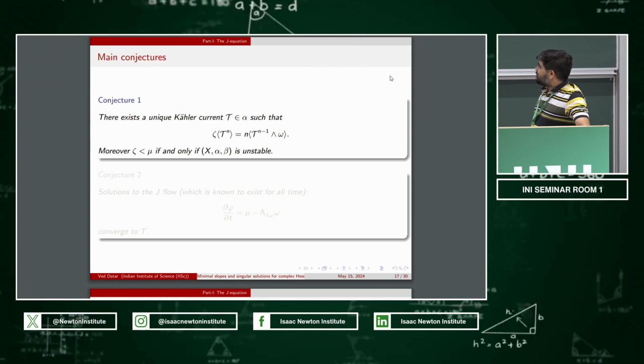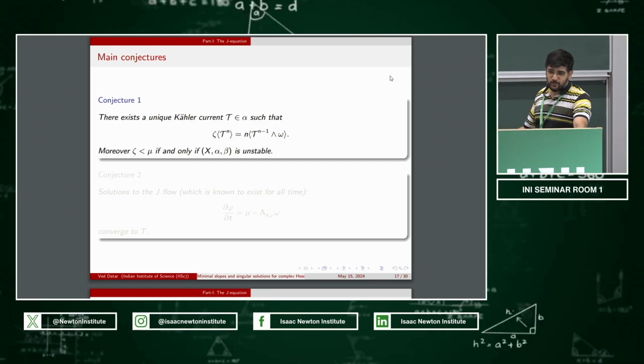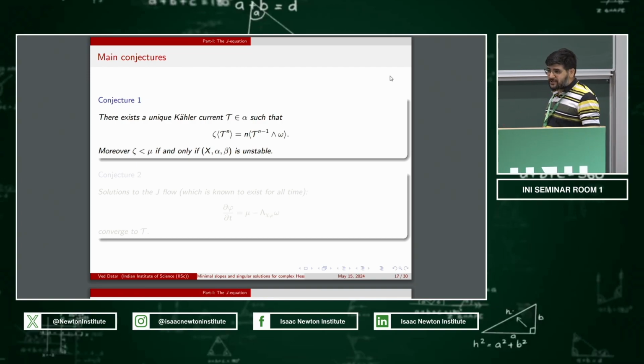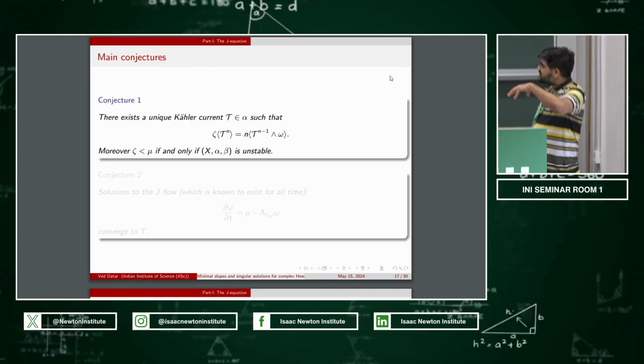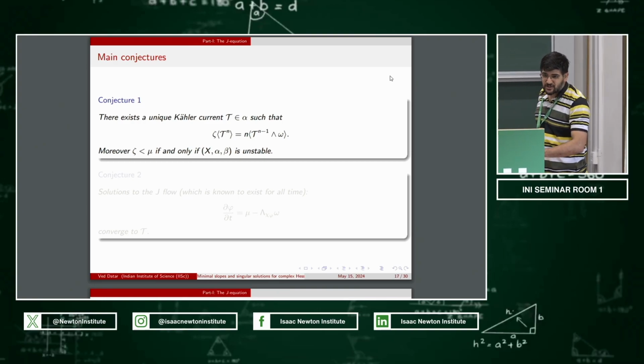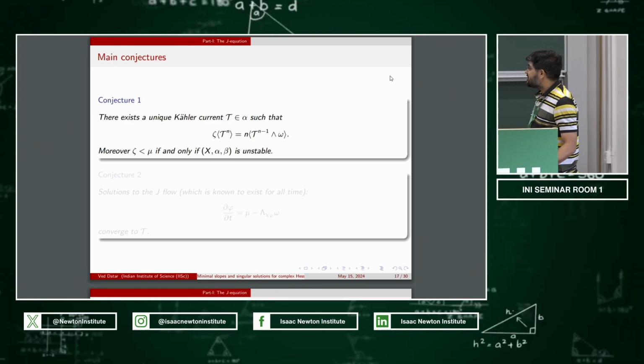Moreover, we also claim that the zeta is always going to be smaller than the original topological slope whenever this triple is unstable. So whenever this triple is unstable, your J equation is going to be solvable with a slope that's strictly smaller.